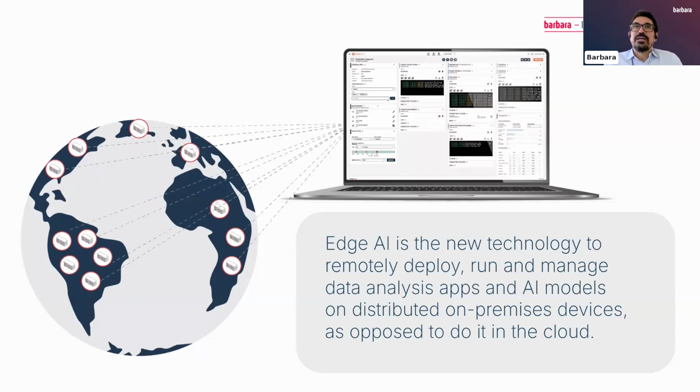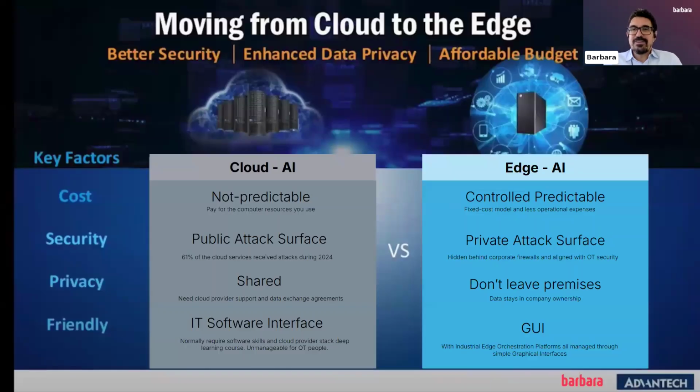So why should we move computational tasks from the cloud to the edge? There are several reasons, some key factors. For example, when we are speaking about cost, the costs in the cloud are normally unpredictable.